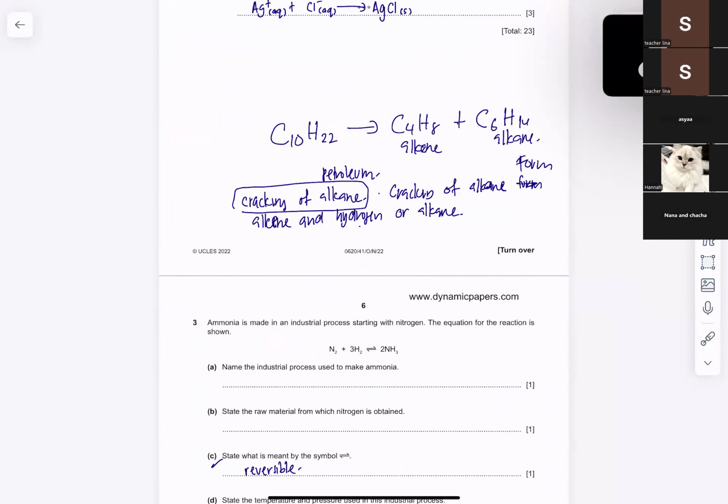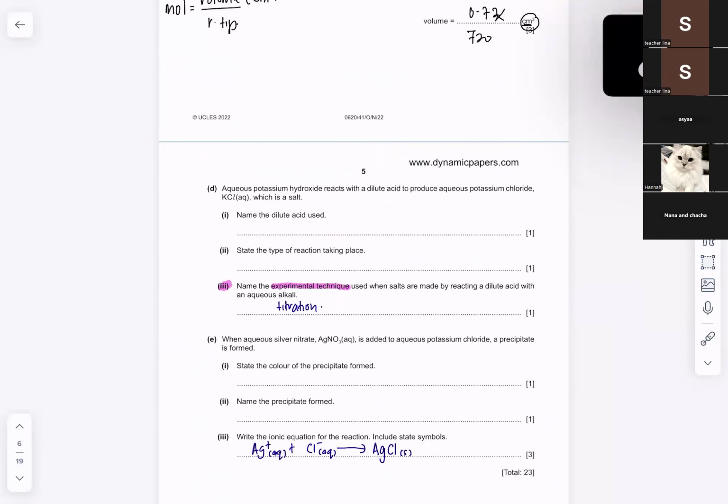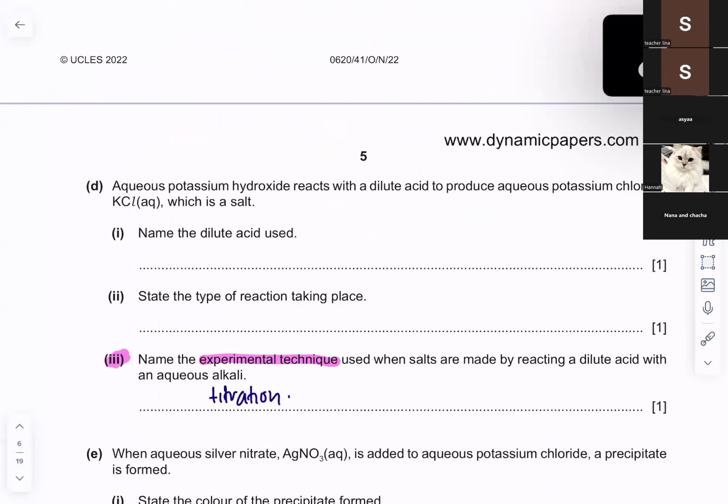this one. They said potassium hydroxide. If you see hydroxide, that one is an alkali. It will react with the dilute acid.